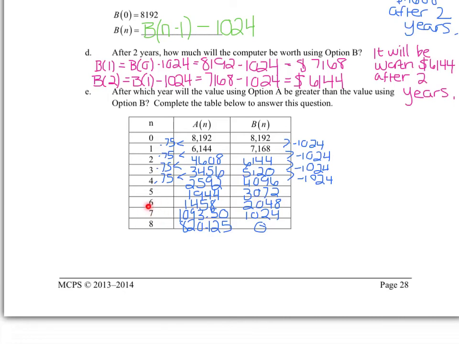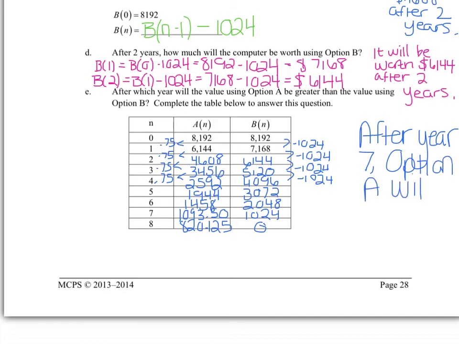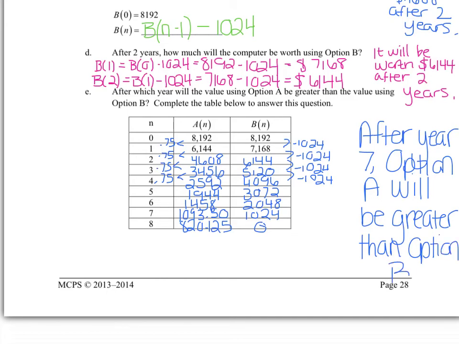So our answer is going to be: after year 7, option A will be greater than option B.